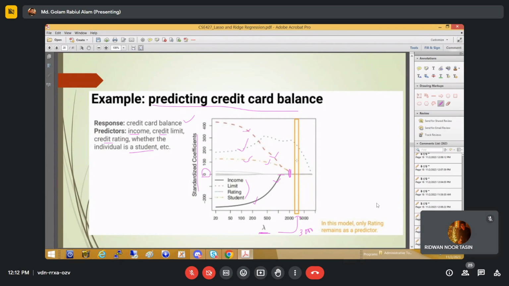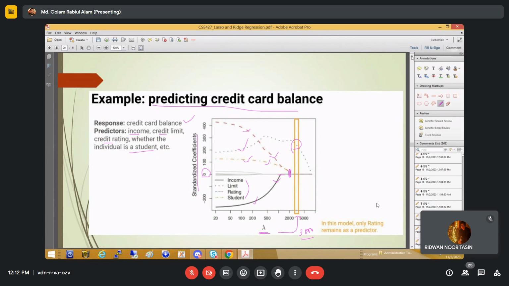That means the lasso regression will select the parameters or remove parameters from the data set. In this case, if we set the threshold equal to 3000, then it will use only one parameter. This is the parameter value used to predict the credit card balance.